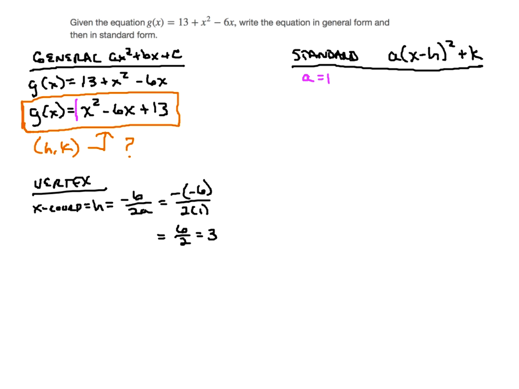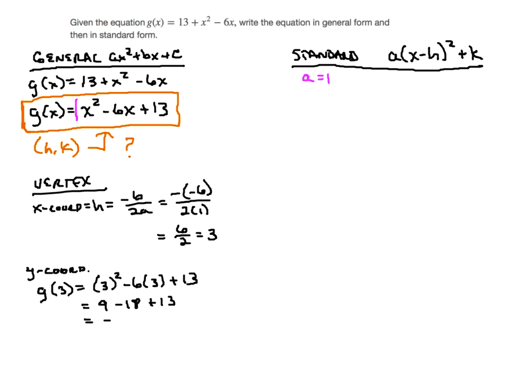Nice. Not too bad. Okay, and my y coordinate, or my f of x coordinate, is what I get when I plug it in to the function. So g of 3 is given as 3 squared minus 6 times 3 plus 13.